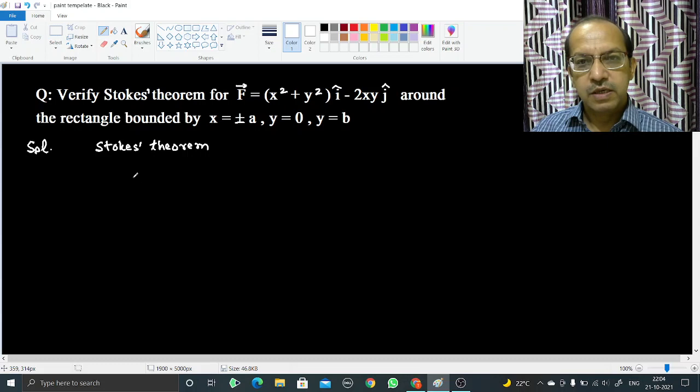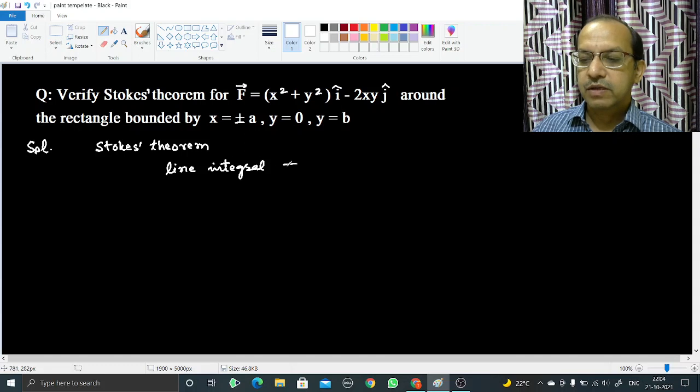Stokes theorem connects line integral with surface integral.